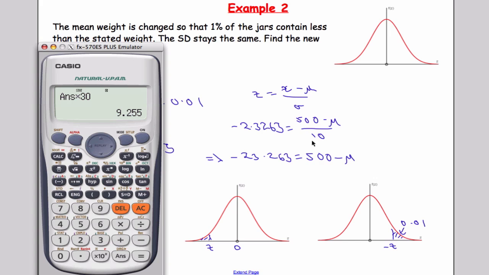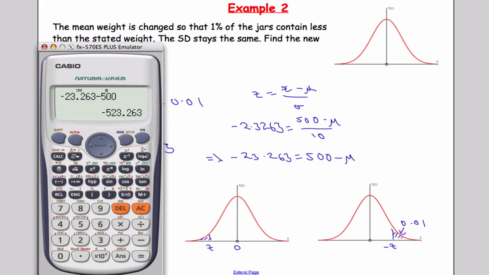So I'm going to subtract 500 from both sides. Negative 23.263 minus 500 gives me minus 523.